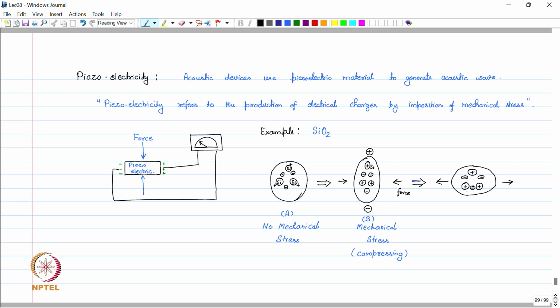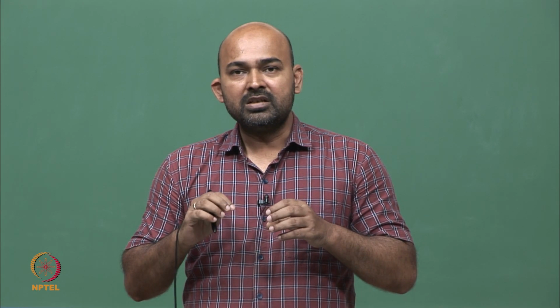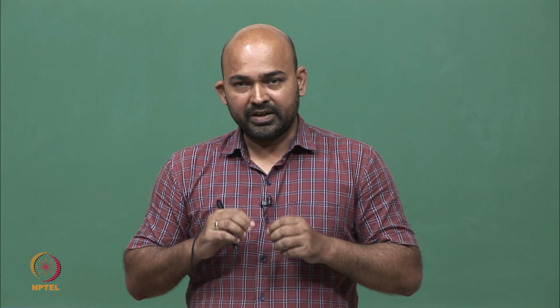So this is what happens when we apply an expansive force. If we compare this configuration to case A, where no mechanical stress is applied, the upper portion of this material is relatively negatively charged, because earlier in the neutral case positive was on the very top and negative was compensating that positive charge, so there was no net charge.